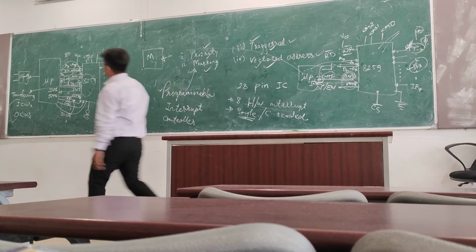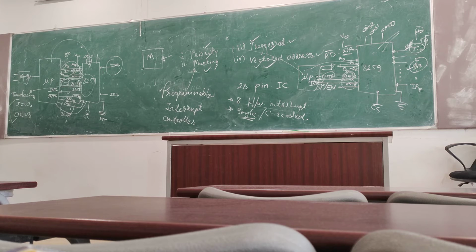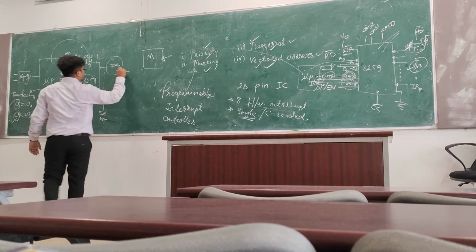So these are command words which get transferred from the microprocessor to 8259 for initializing, that is before start, and for operating, that is once it is initialized and you are providing the interrupt.